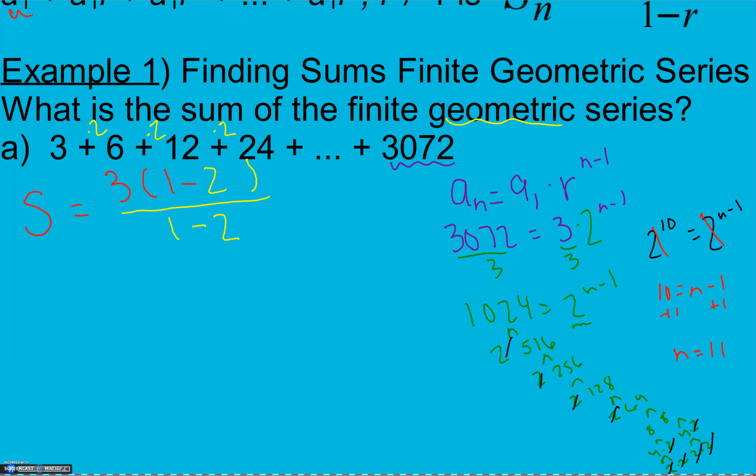So that n equals 11, I'm going to plug in. The sum of our first 11 terms is 3 times 1 minus 2, which is our common ratio, to the 11th power, divided by 1 minus 2. Two to the 11th power is 2048.